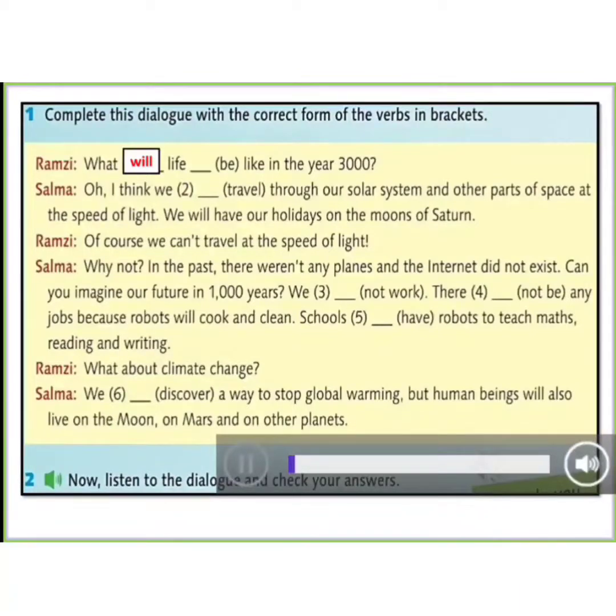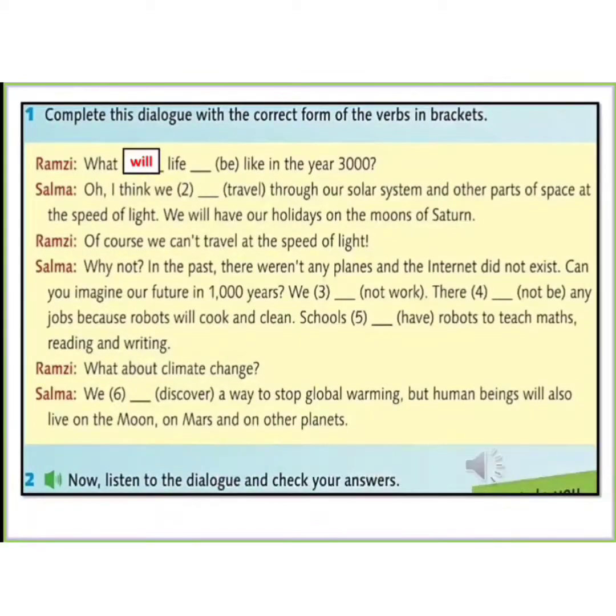Module 4, page 45, exercise 2. What will life be like in the year 3000? Oh, I think we will travel through our solar system and other parts of space at the speed of light. We will have our holidays on the moons of Saturn. Of course we can't travel at the speed of light. Why not? In the past, there weren't any planes and the internet did not exist.